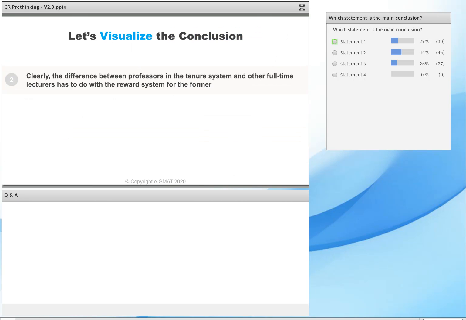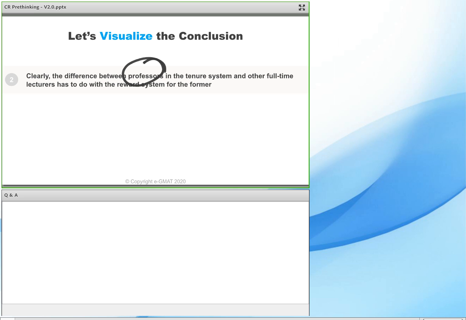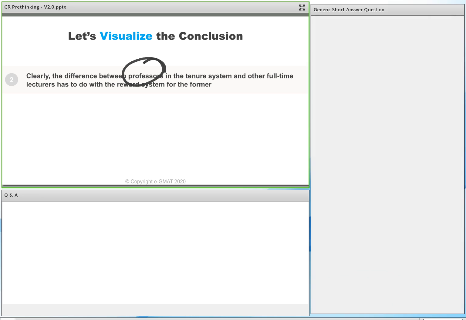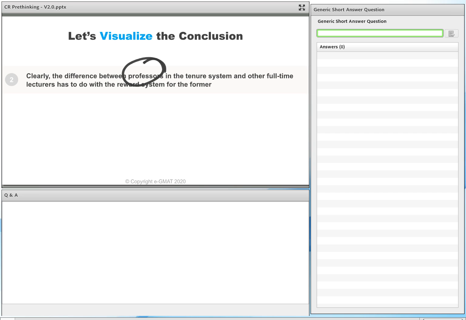Okay. So I want to just spend about 5 seconds to visualize the conclusion. The author, when he makes his conclusion, is not disputing the paper's finding. He's saying, hey, the findings are there. Blame the reward system for professors for it. Okay, and that's really important for you to visualize and understand. It says, hey, I understand these findings, so he's placing the blame on that reward system.